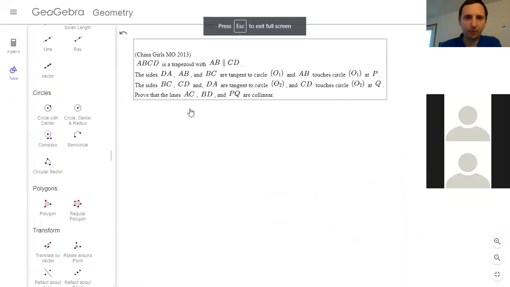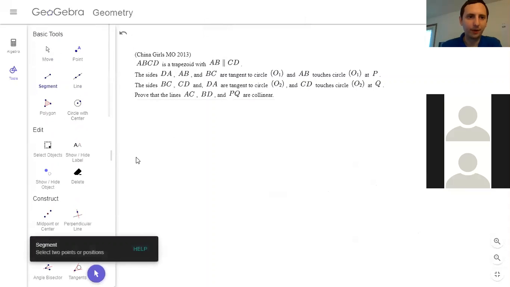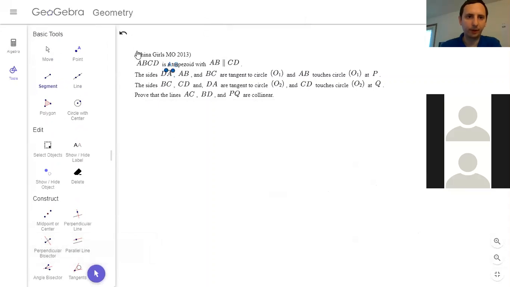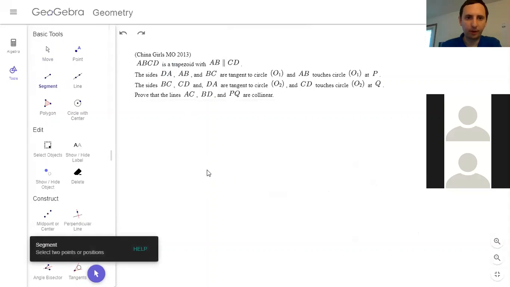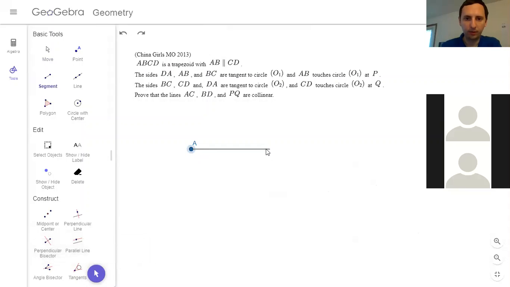So we have a trapezoid. Oh, this was an interesting one. I just looked at it really quickly, but I'm going to draw a tall trapezoid.